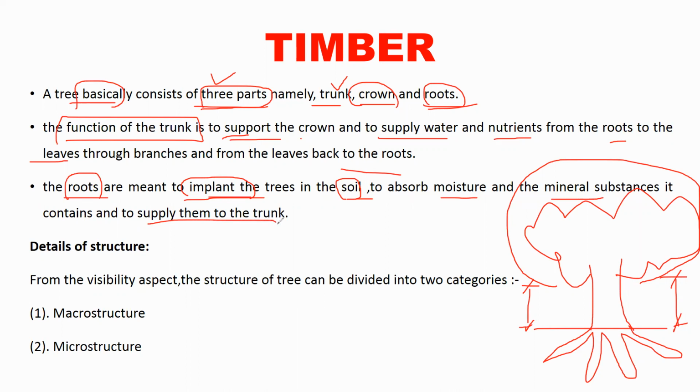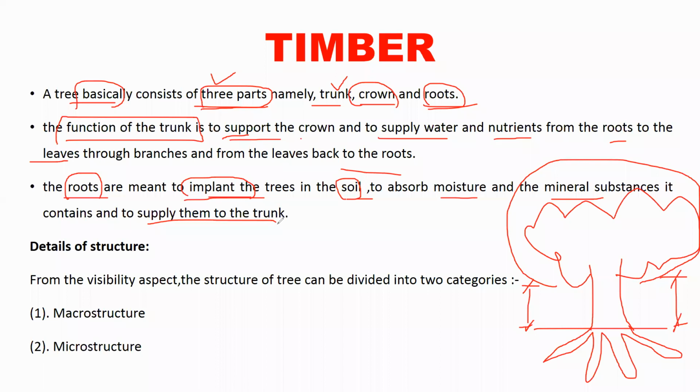So what is the root doing? It is taking the moisture content and mineral content from the ground and giving it to the trunk. Now the trunk supplies this water, nutrients and mineral contents to the leaves by branches and sub branches.